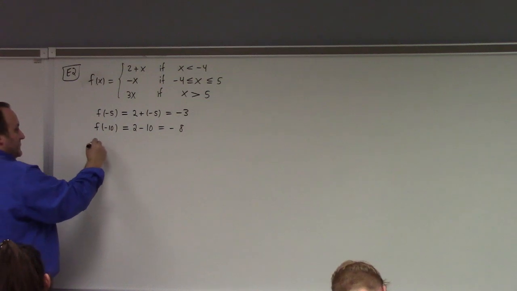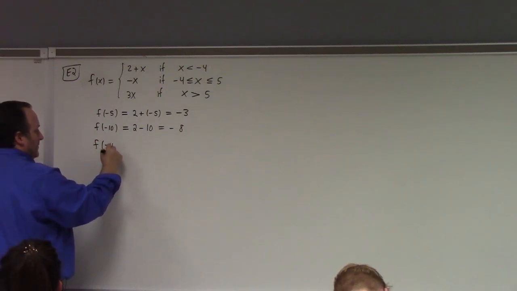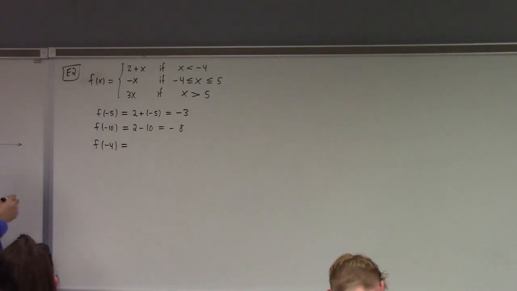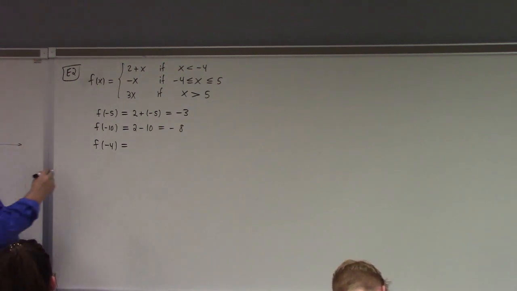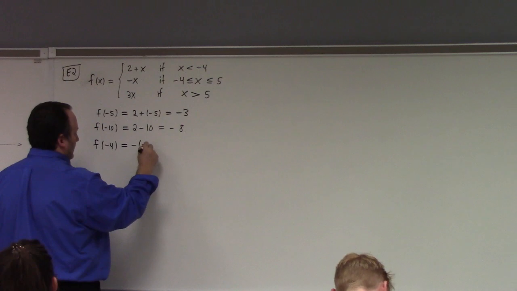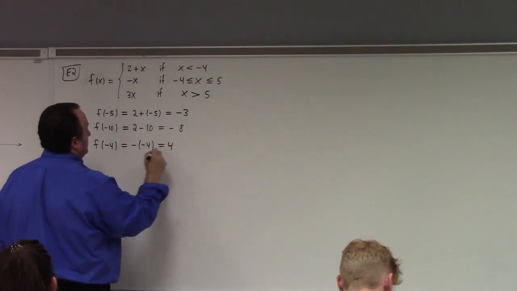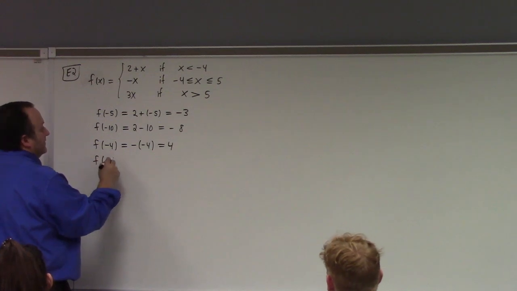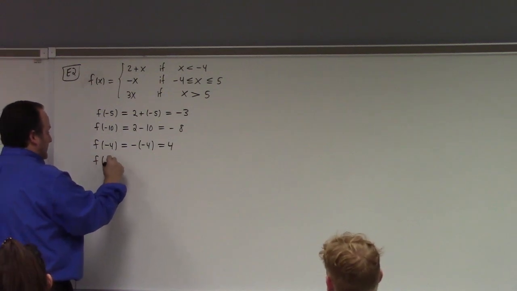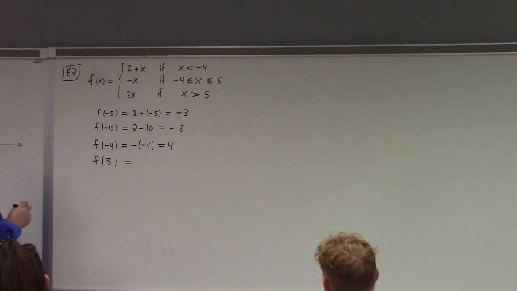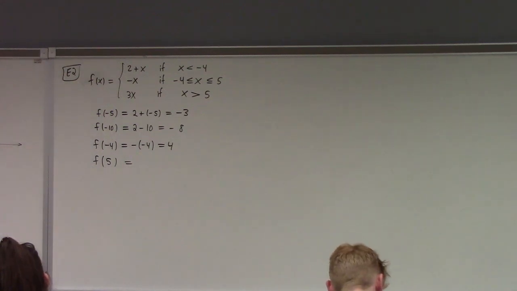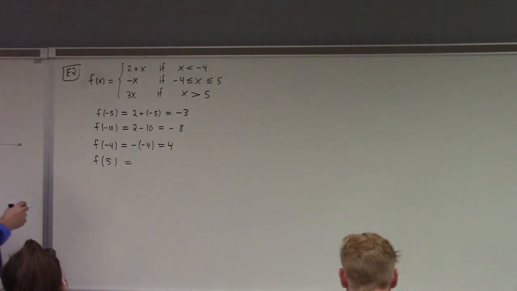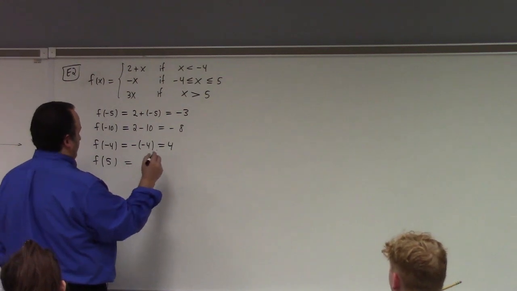What would f of minus 4 be? Yeah, minus a minus 4, also known as 4, very good. And what would f of 5 be equal to? Oh, yes, negative 5.